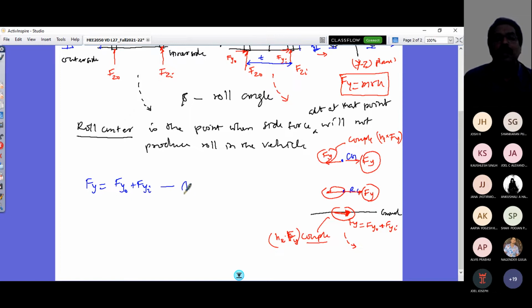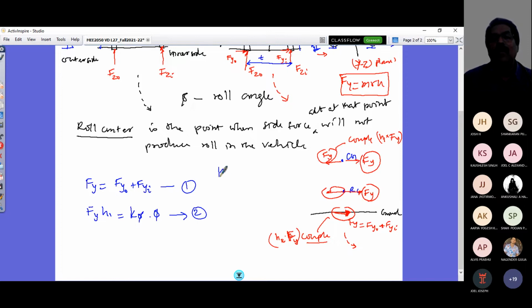So that's my equation 1. And my second equation is Fy into H1. This one would be, because the second one is the roll of the sprung mass, equal to K phi into phi.